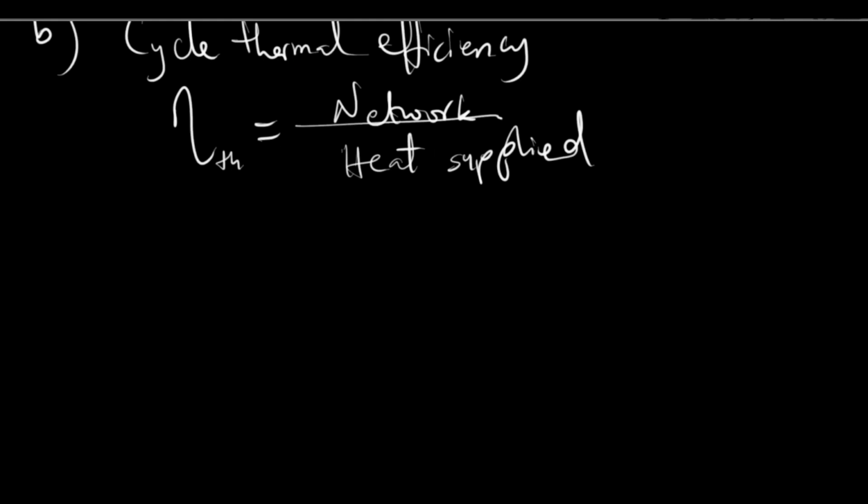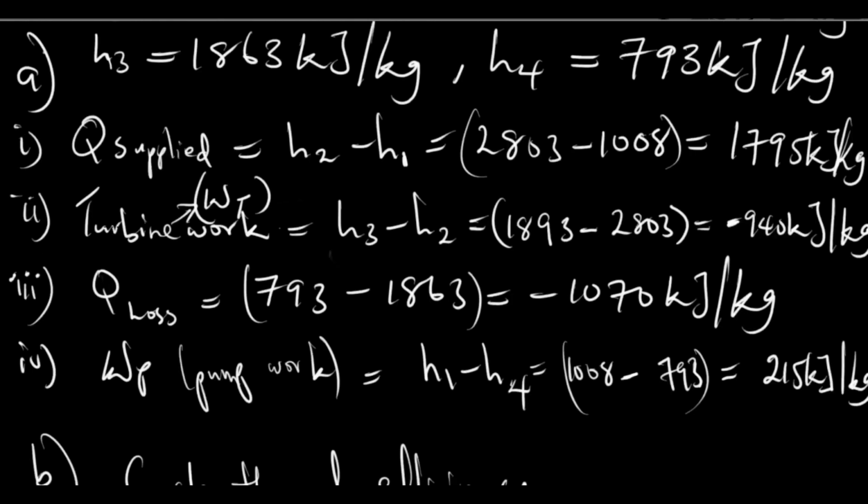And remember, for your answer to be correct, you have to do one thing. Now let's review our answers. As you can see, we have our heat supplied 1795 and also heat loss, that is minus 1070, but the magnitude of it is 1070. So the change in heat must equal the change in work.